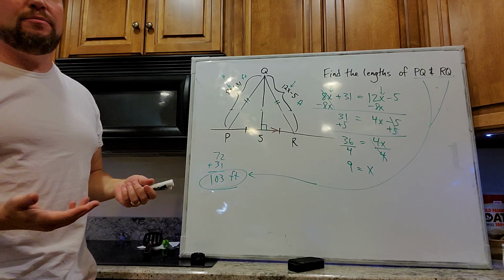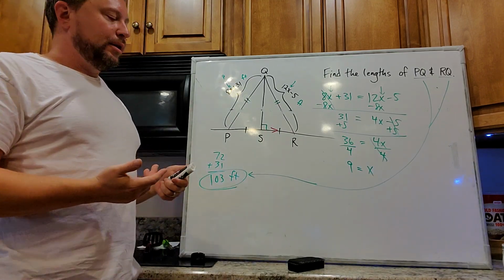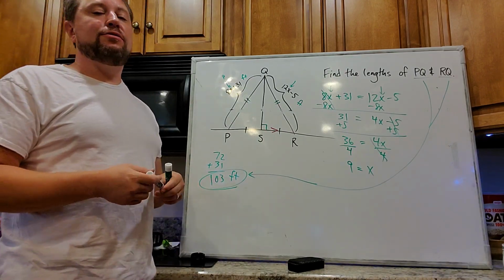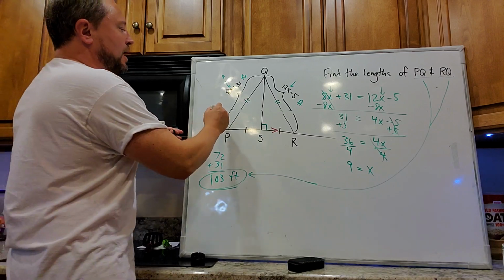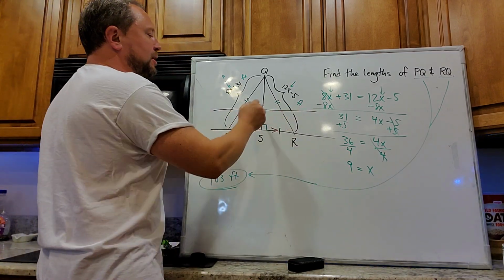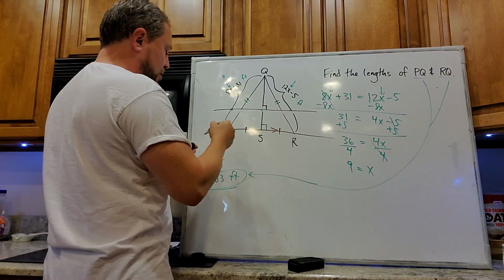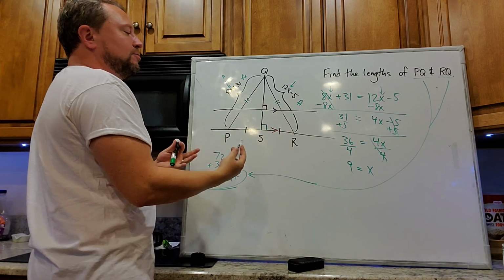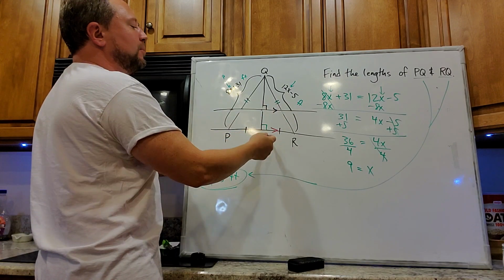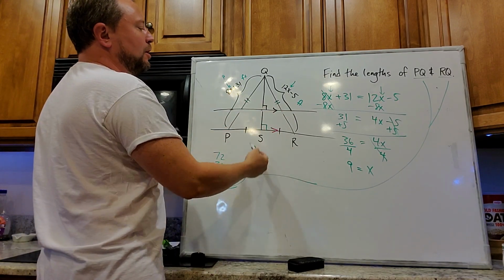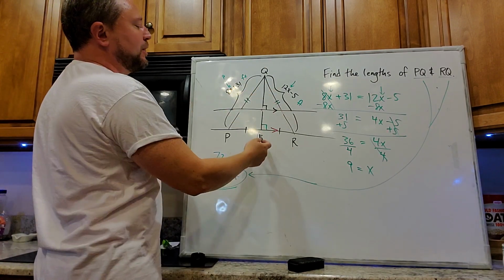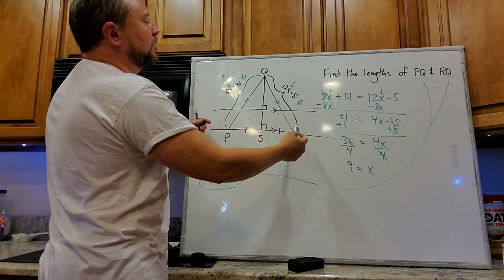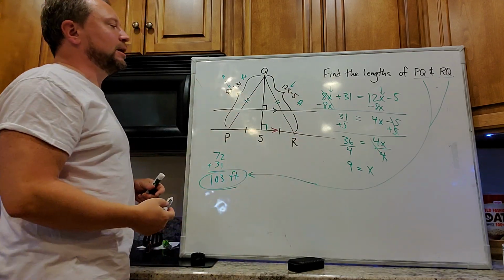So there's a problem where we utilized both theorems. Remember that second right angle that was also parallel to this down here? I used the perpendicular transversal theorem to transfer the right angle, and then we used the perpendicular bisector theorem to say that the two sides out here were equal.